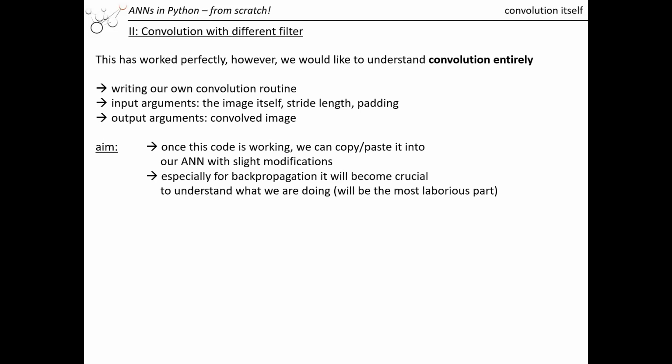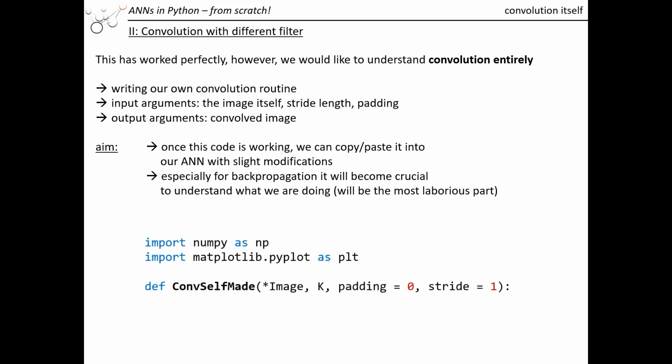That will be our forward part. That's the reason why I insist on writing this manually step by step, because it really helps to understand backpropagation. So this is the idea for the next chapter. We want to create our own convolution routine, and we want to call it convolution self-made.